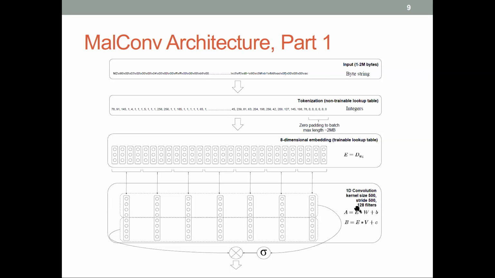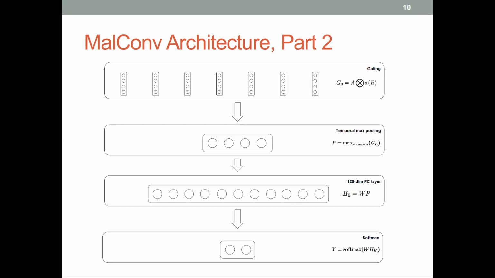One is this value A, another is this value B. So it learns two sets of weights for the same input, as well as this sigma factor, and then it passes it to gating. This is essentially to deal with the large number of elements in the sequence. They're trying to handle large sequences using this approach.